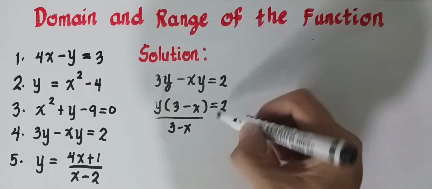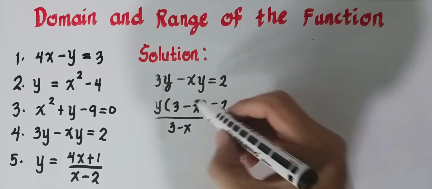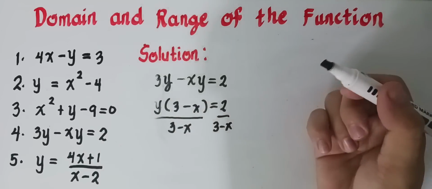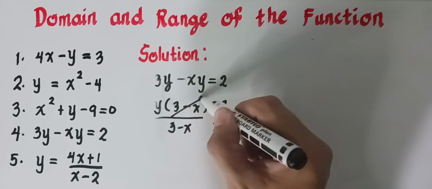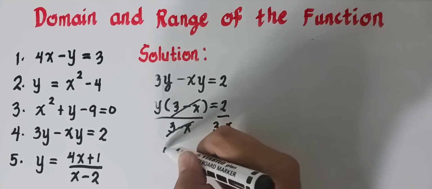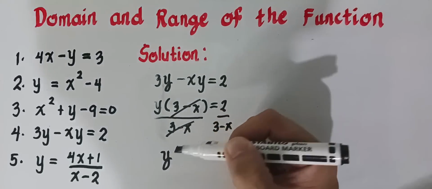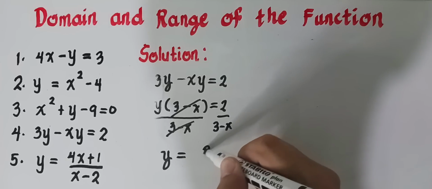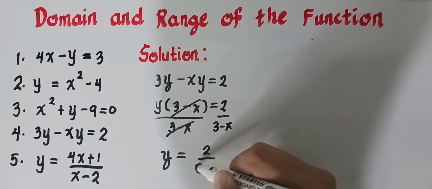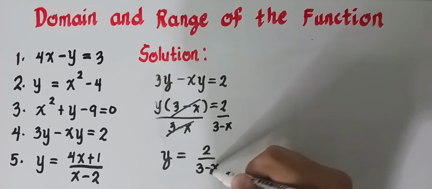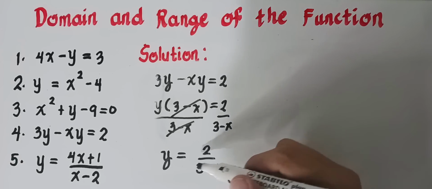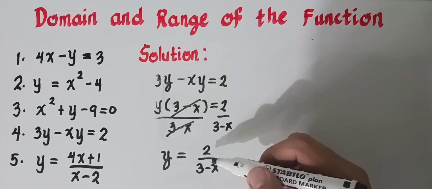Kasi sinusolve natin si y. Okay? So, 3 minus x. Yan. So, cancel out natin to. Cancel out. So, ang matitira ay y is equal to 2 all over 3 minus x. So, guys, dito, tignan natin yung resulting equation natin.